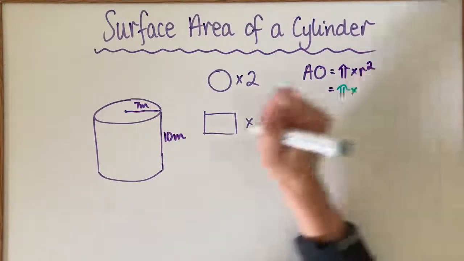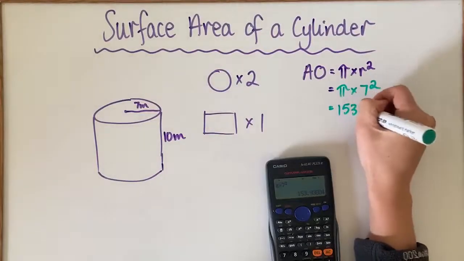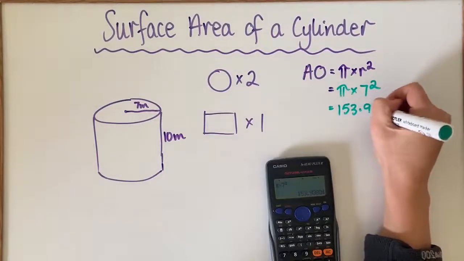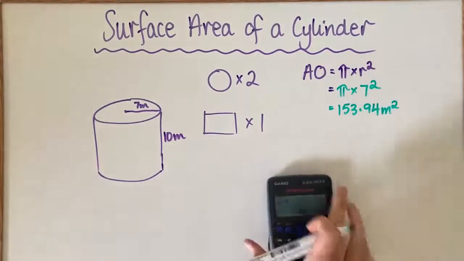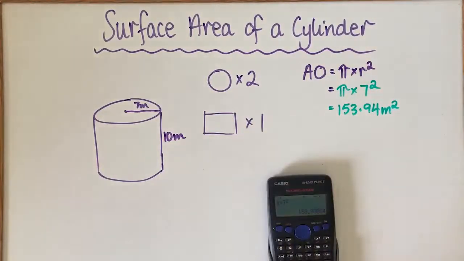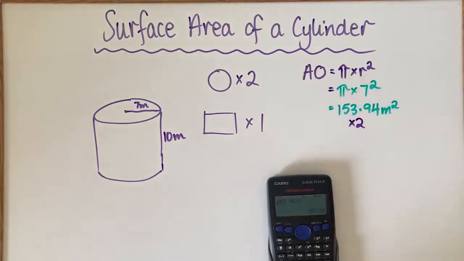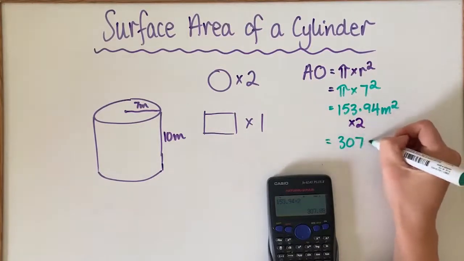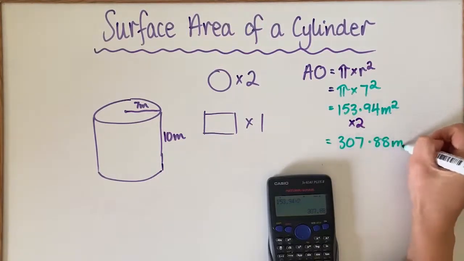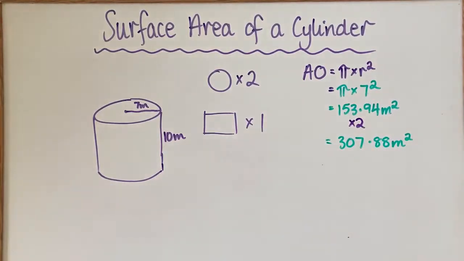In this situation, our radius is 7, which gives 153.94 meters squared. Now remembering that we actually have two circles, I'm going to double that value, and that's going to give me 307.88 meters squared. So I've found the area of both the circles.